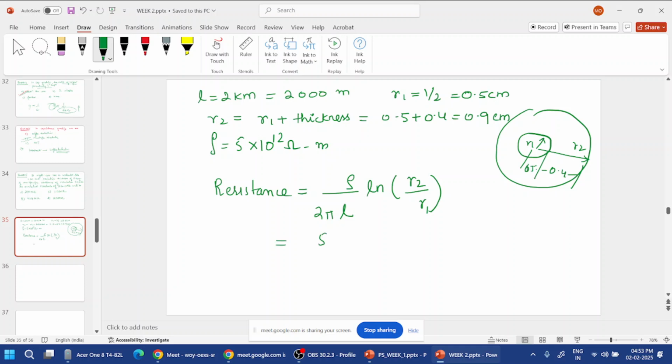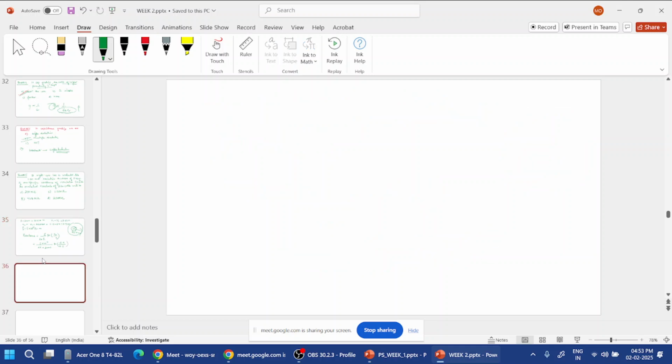So rho is 5 into 10 raised to the power 12 divided by 2 pi into 2000, log of 0.9 divided by 0.5. If we solve it, the insulation resistance comes out to be 0.234 into 10 raised to the power 9, equal to 234 mega ohm.